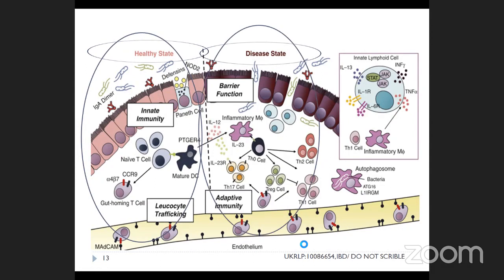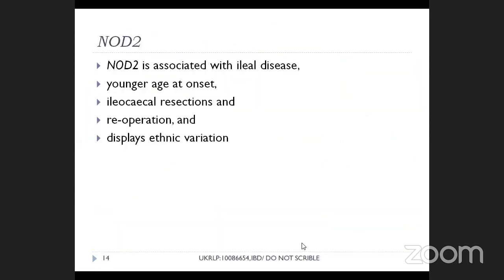So when it comes to the genetic aspect, NOD2, as I told you, is secreted by the Paneth cells in the intestinal mucosal wall. NOD2 is associated with ileal disease and a younger age of onset, and is responsible for many of the ileocecal resections.